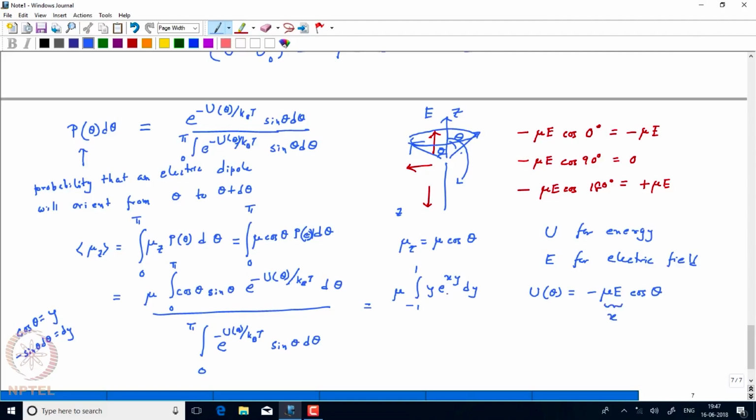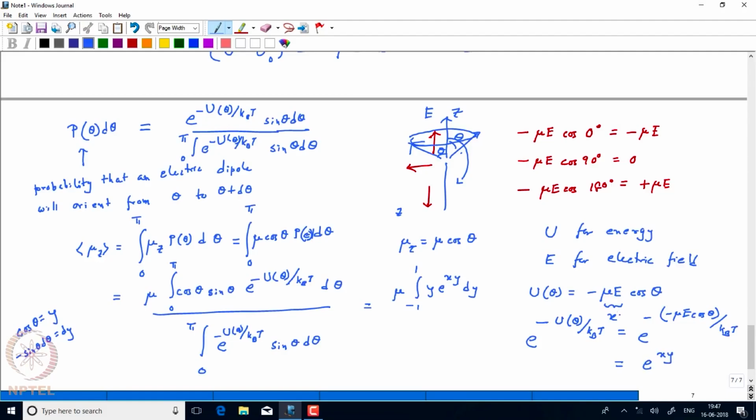Because as you can see, we have e to the power minus U of theta divided by kBT, which is e to the power minus minus mu E cos theta divided by kBT, and then taking cos theta to be y, we are writing it as e to the power xy.